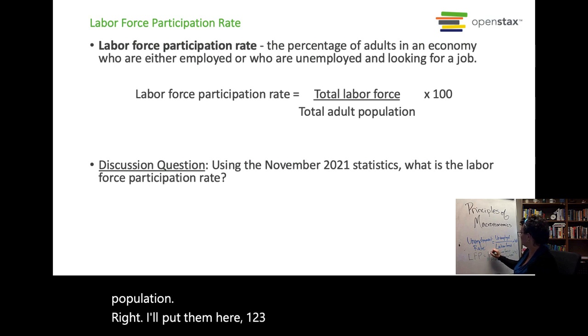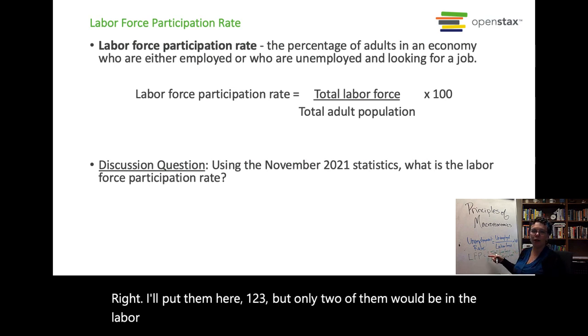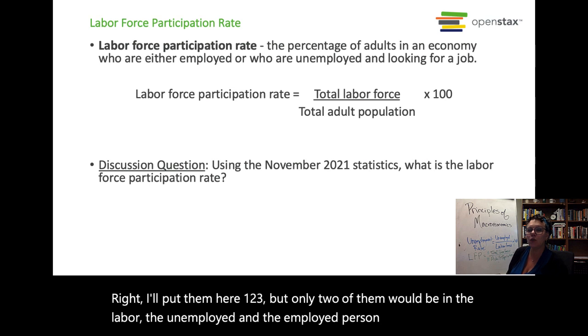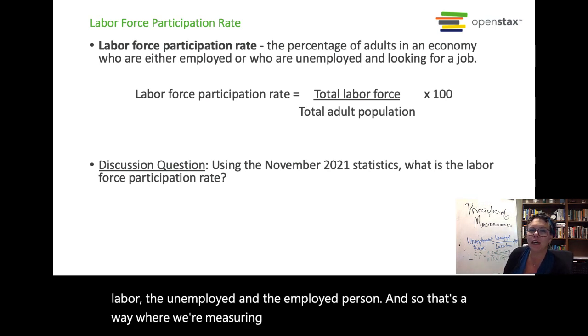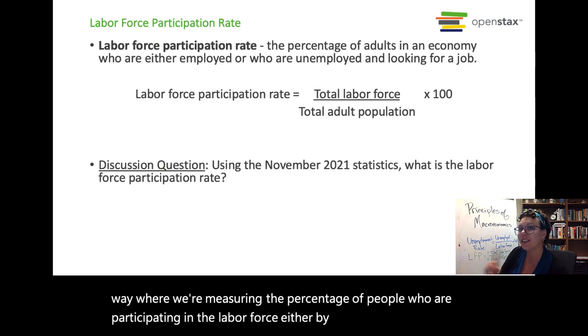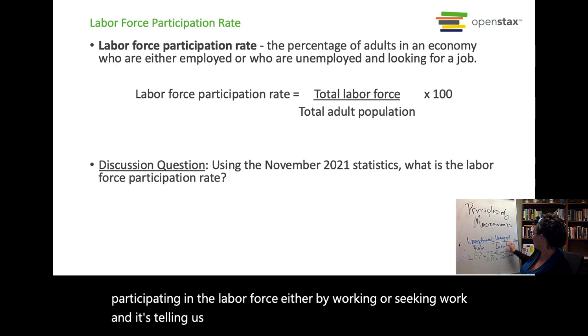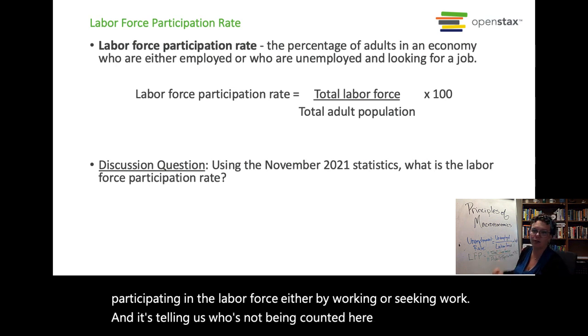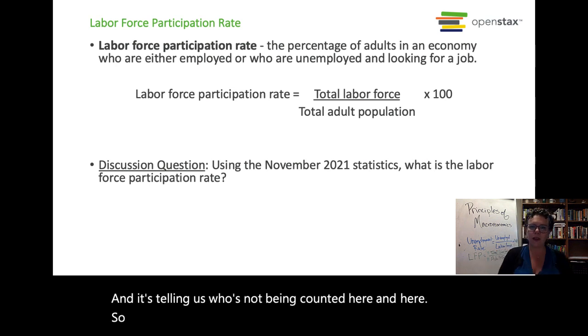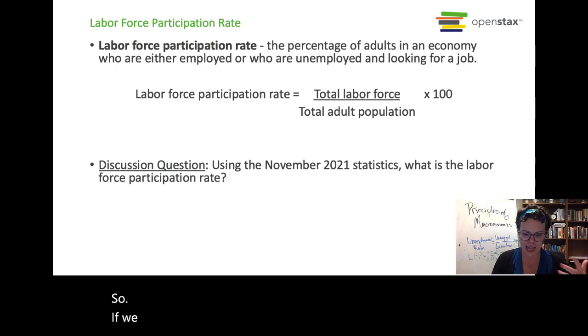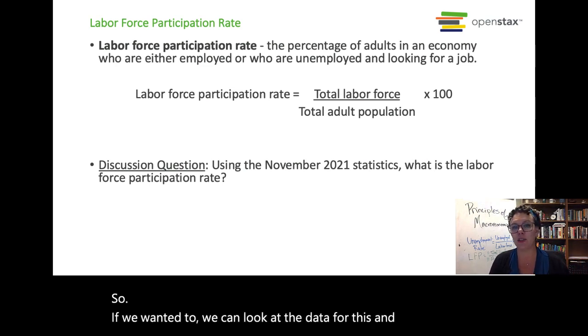But only 2 of them would be in the labor force, the unemployed and the employed person. And so that's a way where we're measuring the percentage of people who are participating in the labor force, either by working or seeking work. And it's telling us who's not being counted here and here. So if we wanted to, we can look at the data for this and calculate these numbers for ourselves.